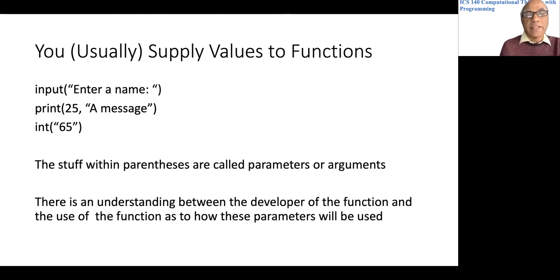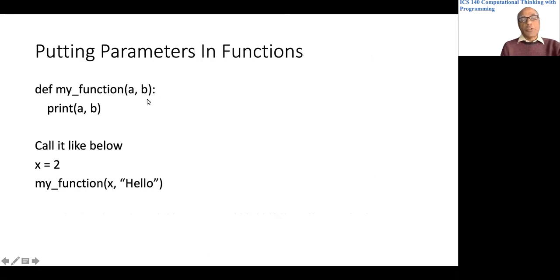And as I have said before, there is an understanding between the developer of the function and the user of the function as to how these parameters will be used. So these are called parameters or arguments. We can write our own functions that require parameters.